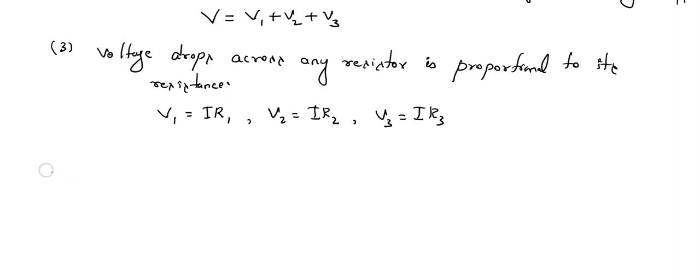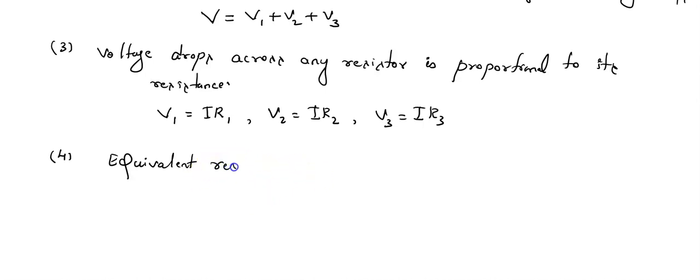Is this clear? Good. Next, point number 4, equivalent resistance. When you are going to add all the resistors, how much will the total resistance be? That is the equivalent resistance. So what is the equivalent resistance or equivalent resistor?